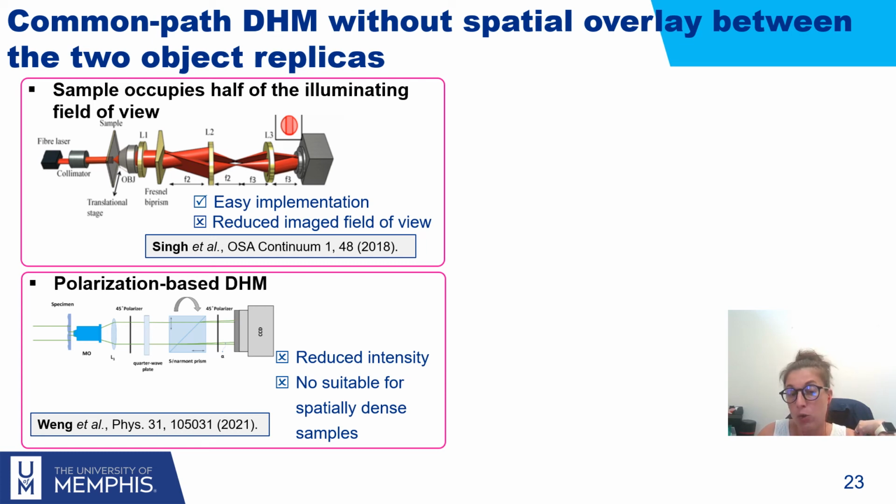The problem is that you are reducing the intensity at the end using polarization, so your system might be more sensitive to noise, and also that technique has not been proven to be used with samples that are spatially dense. So let's say samples that occupy a lot of the size of the field of view.